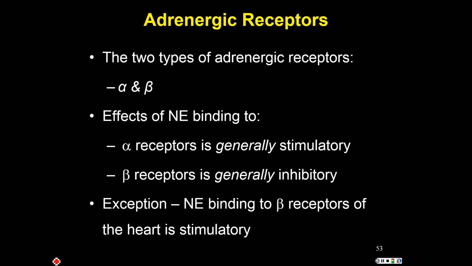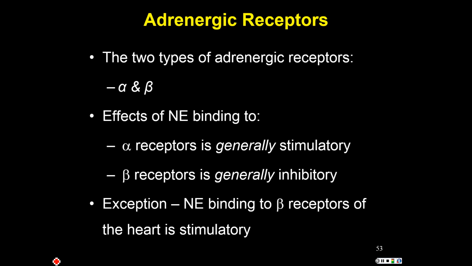There are actually two subtypes of adrenergic receptors. Some are called alpha adrenergic, and others are called beta adrenergic receptors. Within them, there are additional types of adrenergic receptors, like alpha 1, alpha 2, beta 1, beta 2, and I think there's a beta 3 as well. Because there are so many different types, they don't all work exactly the same.